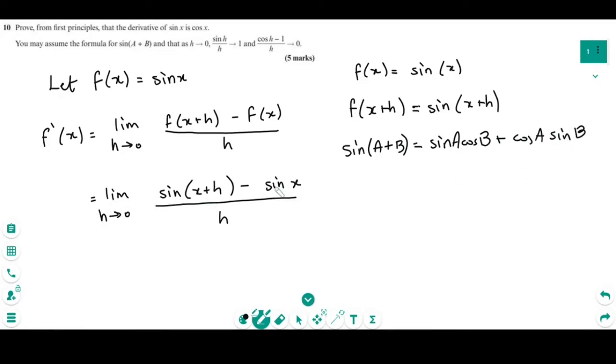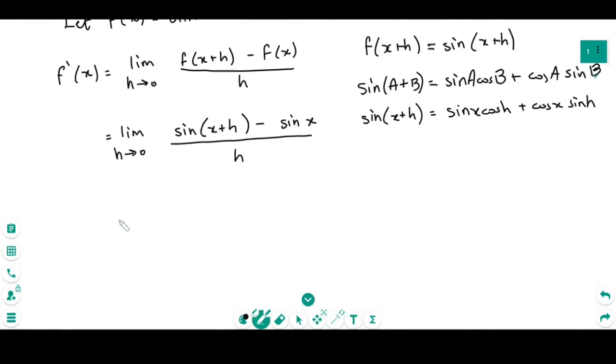Okay, and in our case we don't have sine of a plus b, but we have sine of x plus h. So if I write this underneath, it should be clear how we can adapt this formula sine of a plus b to our situation. So we have sine x cos h plus cos x sine h. So wherever we see an a in this formula, we replace with x, and wherever we see a b, we replace with a h.